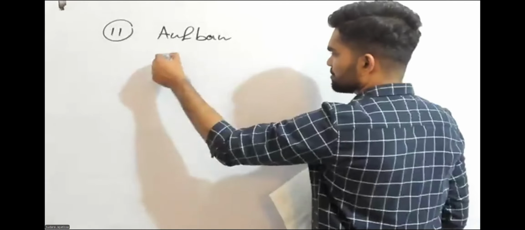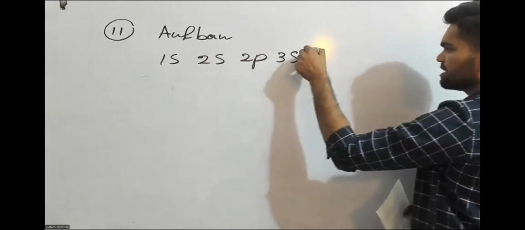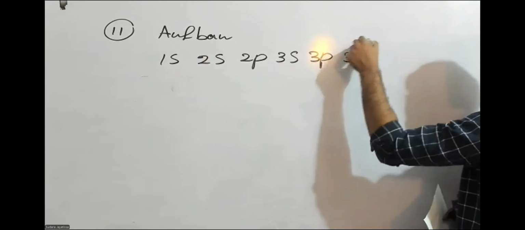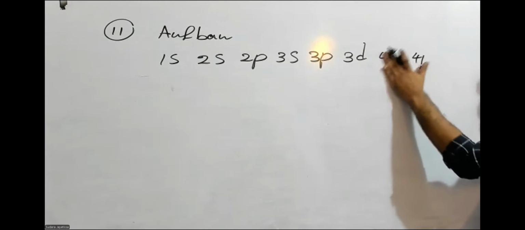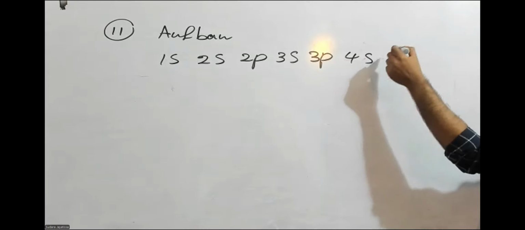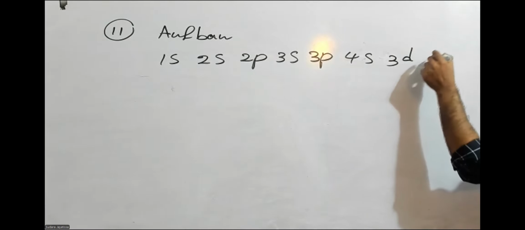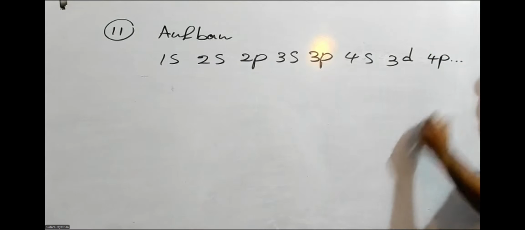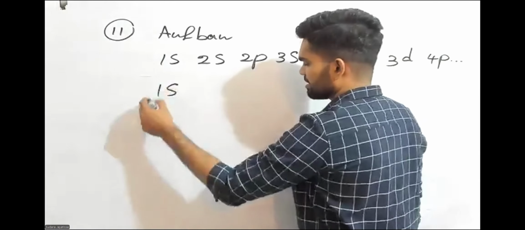So first 1s, then 2s, 2p, 3s, 3p, then 4s is filled before 3d, 4s and then 3d, like that. Then 4p, it continues. So if you are mixing up the order, what you have to do?